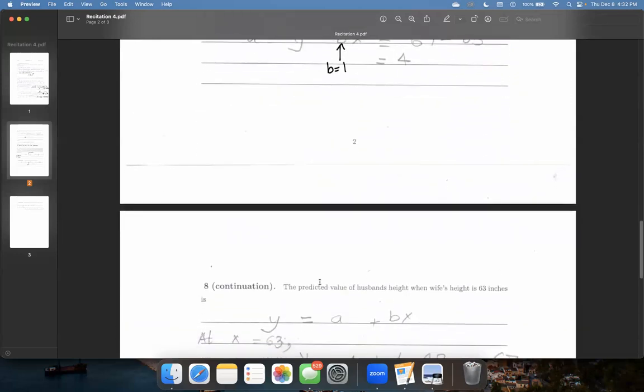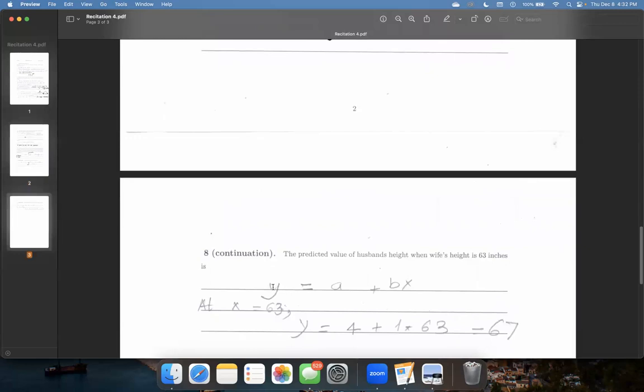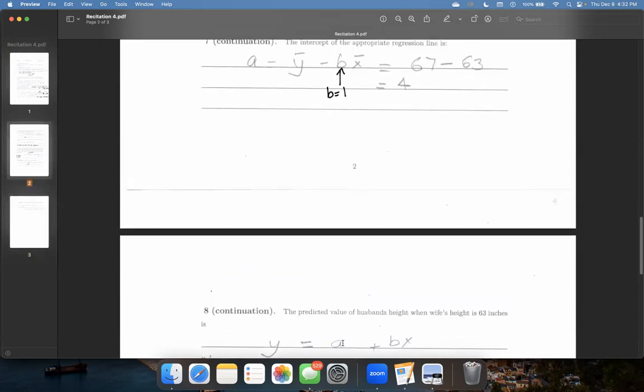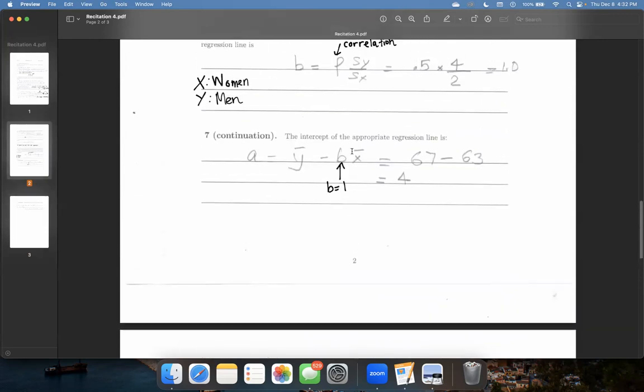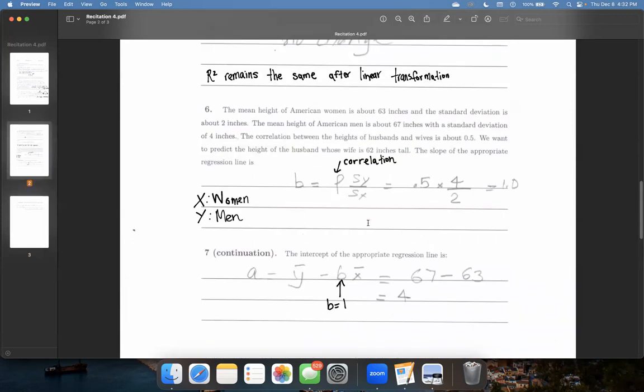Now we want the predicted value of a husband's height when a wife's height is 63 inches. So here we have our same linear regression equation, y equals a plus bx. We already found our a in number 7, and we found our b, which is 1, in number 6.